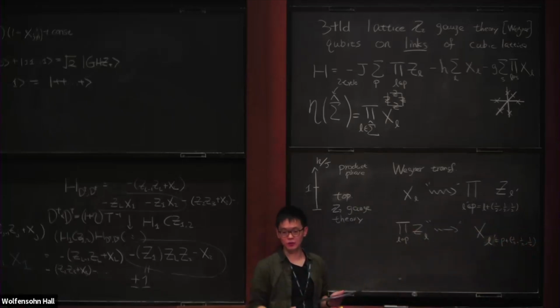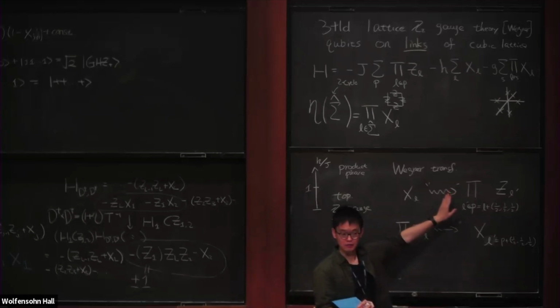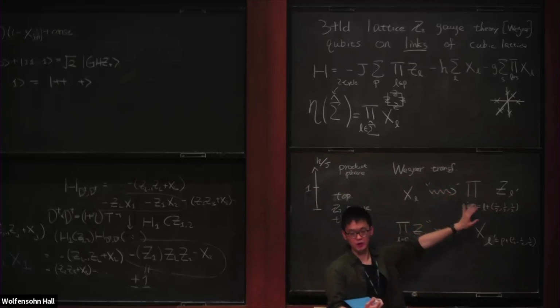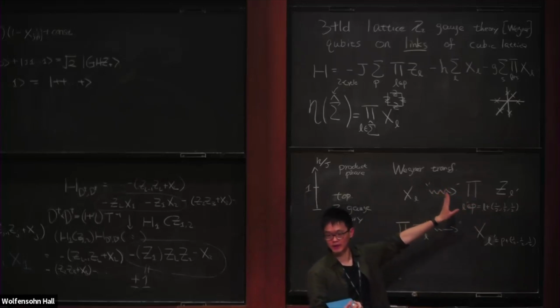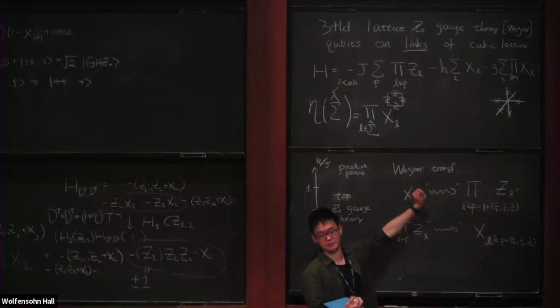And by this point, it should not come as a surprise that this cannot be implemented by an invertible operator, because if you take the product over the entire periodic cubic lattice, you find 1 on the right-hand side, you'll find something non-trivial on the left-hand side. So it has to be implemented by a non-invertible operator.